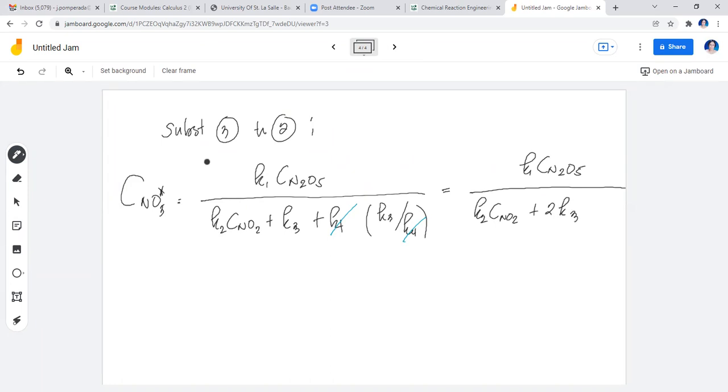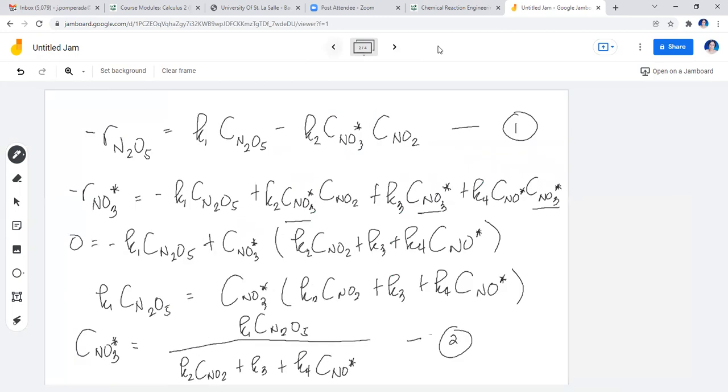Okay, 2 K3. Now this will be our equation 4. This equation 4 should be substituted now to equation 1 because it doesn't contain any concentration of any intermediate. So it will replace the C NO3 in our main equation.